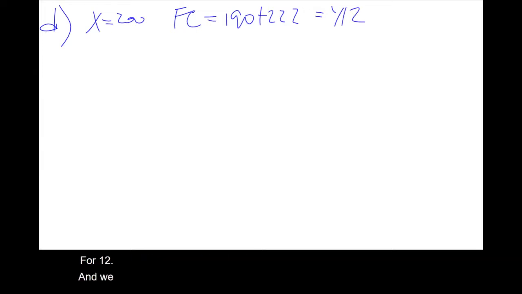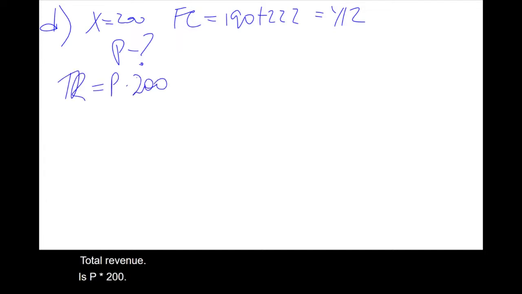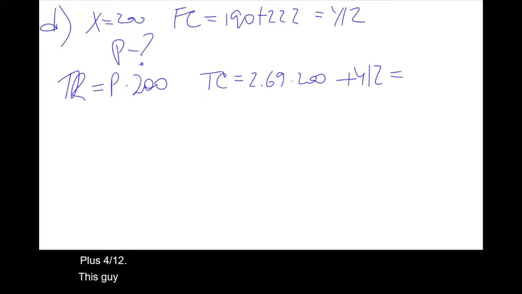And we're looking for price. Okay, so total revenue is P times 200. Total cost is 2.69 times 200 plus 412.